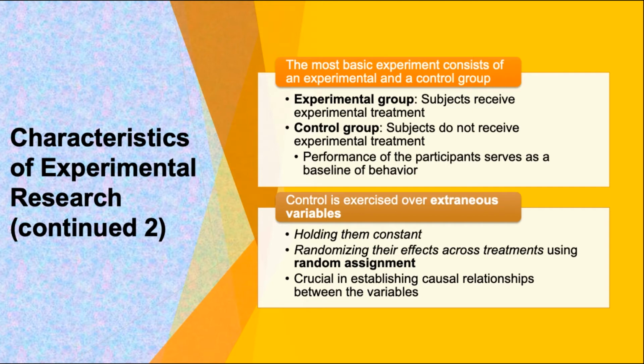Random assignment does not guarantee that the effect of extraneous variables will be distributed evenly across the treatments, but it usually works reasonably well. Better yet, it allows you to use inferential statistics to evaluate the probability with which chance alone could have produced differences in performance across treatments, at least as large as those actually observed in your experiment.